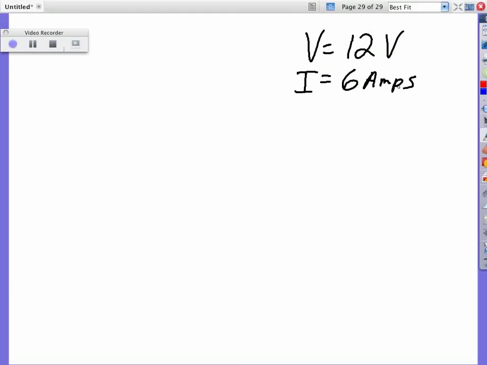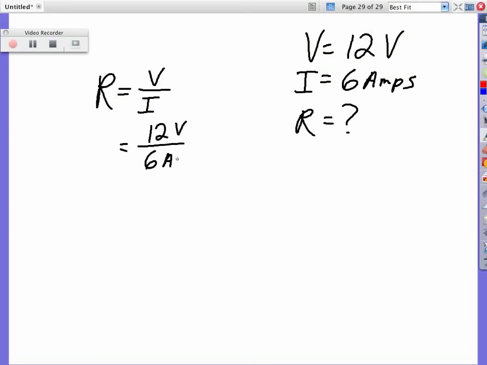The equation to solve for R is R equals V over I. The next step is to substitute. So instead of writing V, I'm going to write down what V equals, which is 12 volts, and I is 6 amps. 12 divided by 6 is 2. I'm looking for resistance, so therefore the unit should be ohms. So that's the answer for number 9.